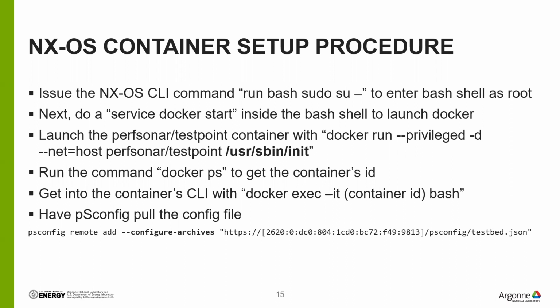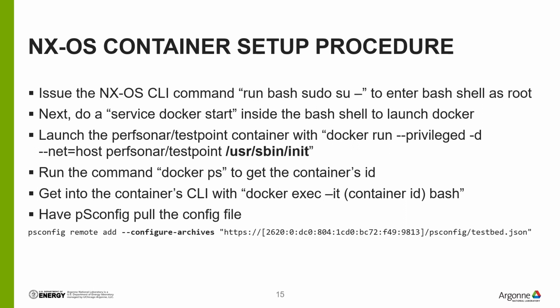I can't fully explain why this is, but if you don't get that in there, the perfsonar container will install fine. You'll be able to get into it. Everything will look okay, but the perfsonar services won't actually start without that. It's something to do with systemd. And again, apologies, that's not really my area of expertise, but very important to make sure you get that right. Otherwise, it'll look like it installed. It'll look like it'll work, but it actually won't.